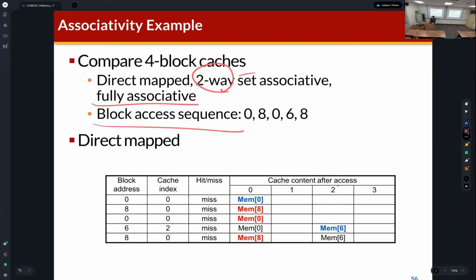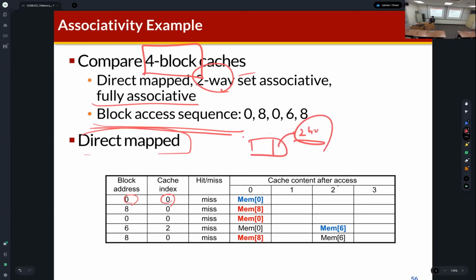This is the block access sequence 0, 8, 0, 6, 8. In the direct mapped cache, firstly the cache is empty. Cache has only 4 blocks, so the last 2 bits of the block address determine the cache index. Block address 0 gives cache index 0. This is a miss because the cache is empty.